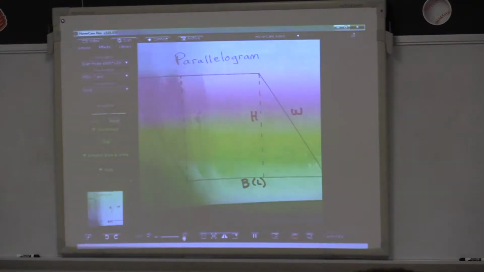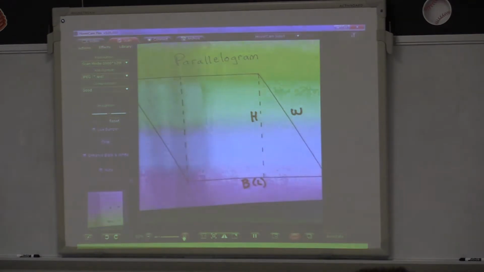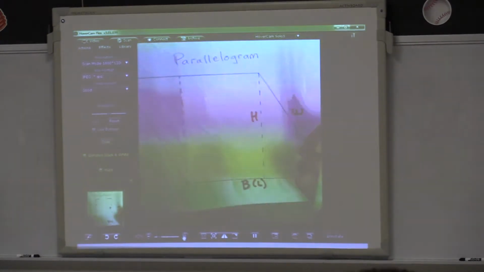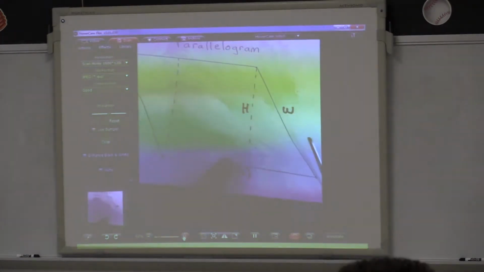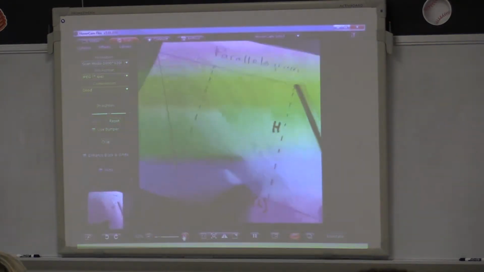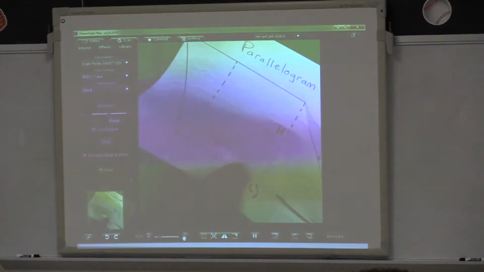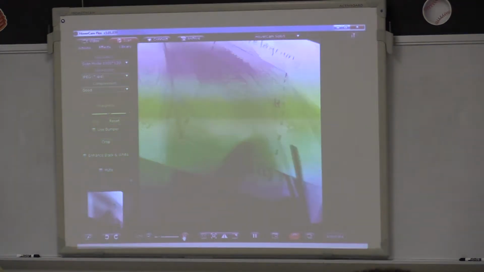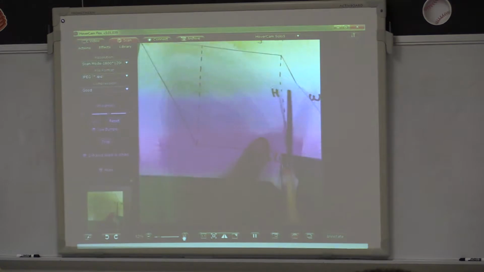So again, let's do a little cutting. Conservation of area. I'm not going to change the figure as far as its total area. I'm just going to cut this triangle right here. I'm going to take this triangle.